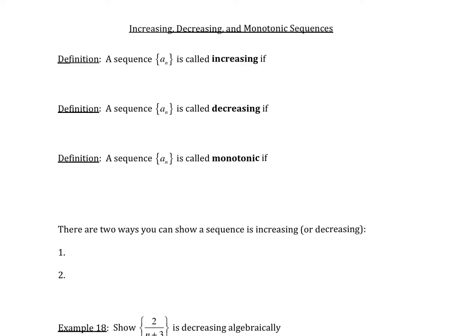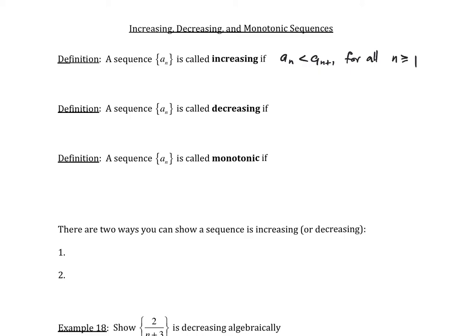Let's talk about increasing, decreasing, and monotonic sequences. A sequence a_n is called increasing if a_n is less than a_(n+1) for all n greater than or equal to 1.